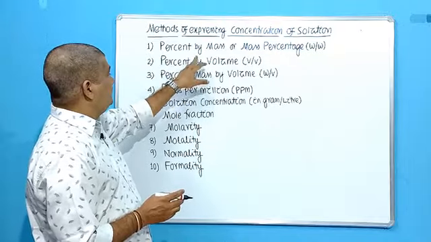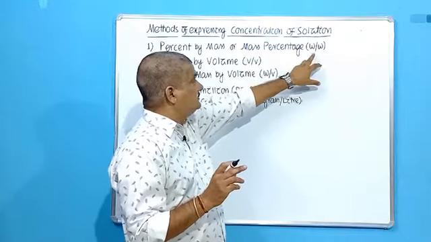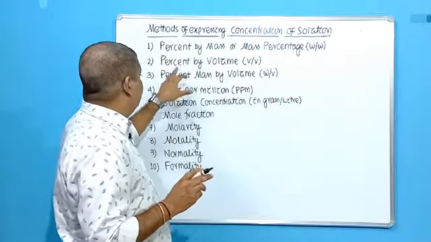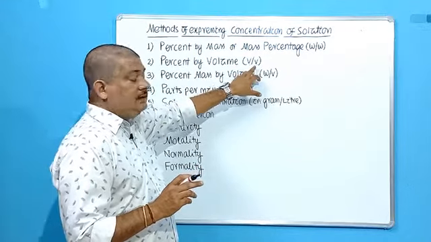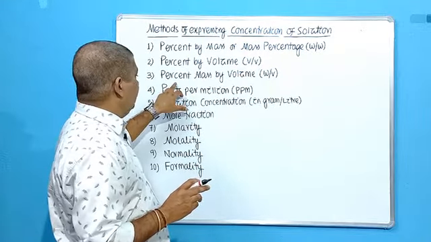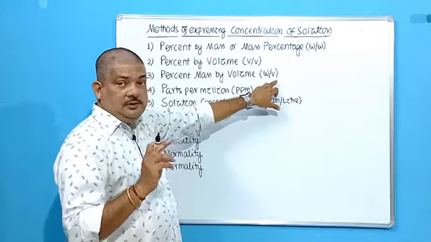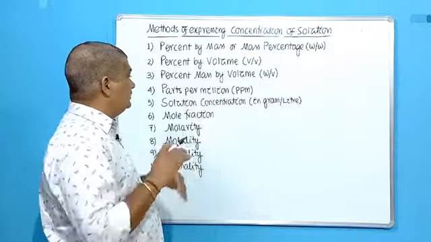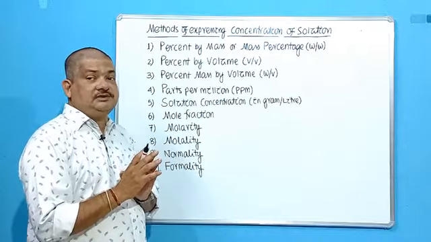What are they? Percent by mass or mass percentage, that is W by W, mass by mass. Then percent by volume, V by V, volume by volume. Then percent mass by volume, W for mass, V for volume. So there are three ways in which we can express the percentage composition.